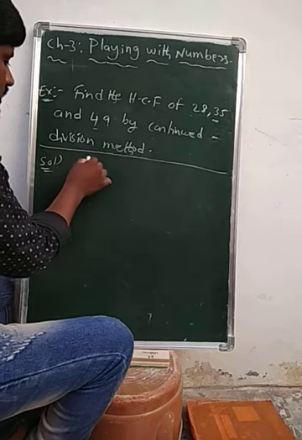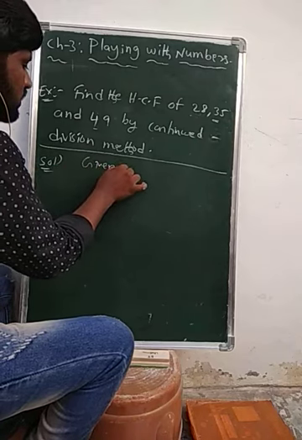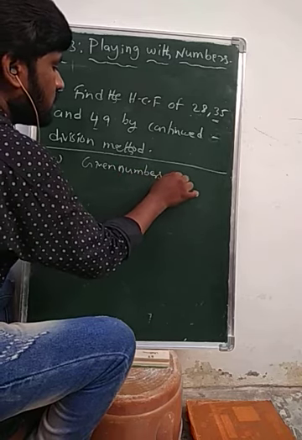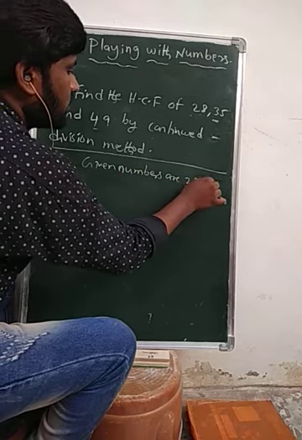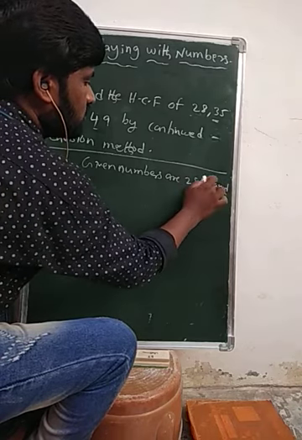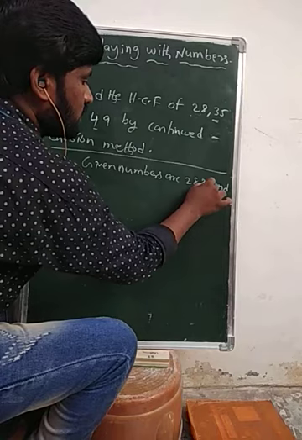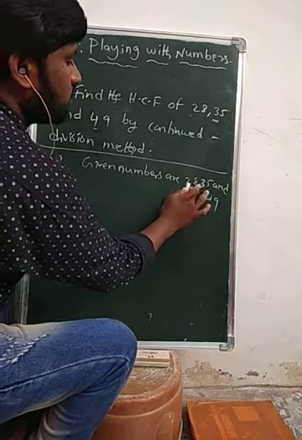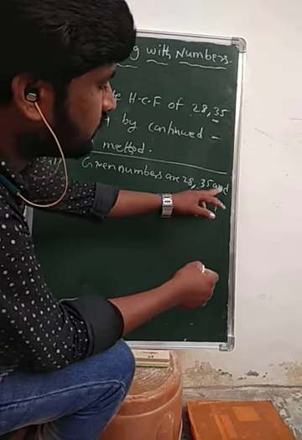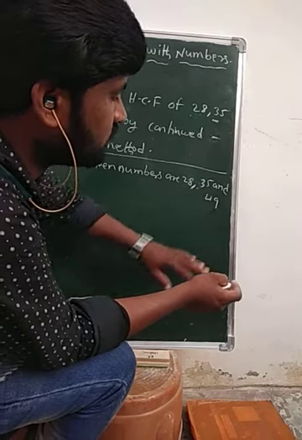So first of all, you take the given numbers. Given numbers are 28, 35 and 49. These are the three given numbers.